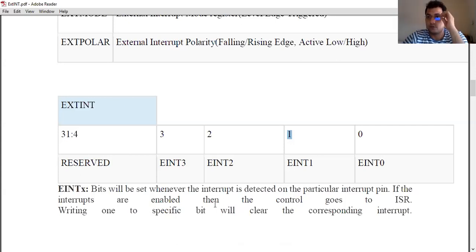If you have to start a new program and you are not sure whether any interrupt has already been acknowledged, then in that situation, whatever external interrupt you are using, corresponding to that bit position, make that bit position 1. That amounts to clearing that interrupt. So writing 1 over 1 amounts to clearing the interrupt.